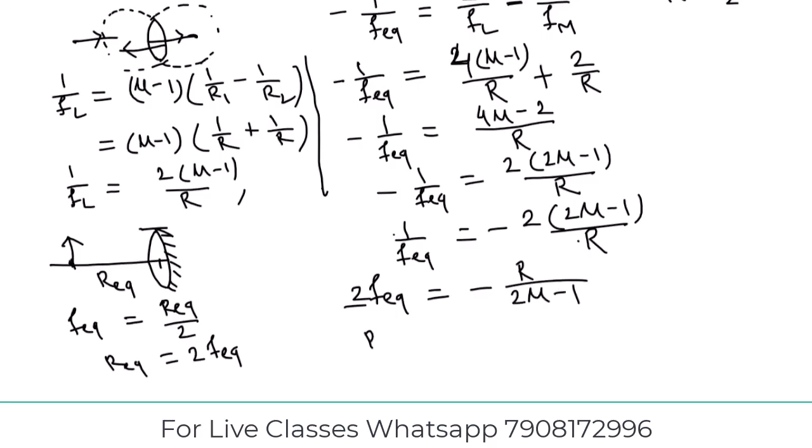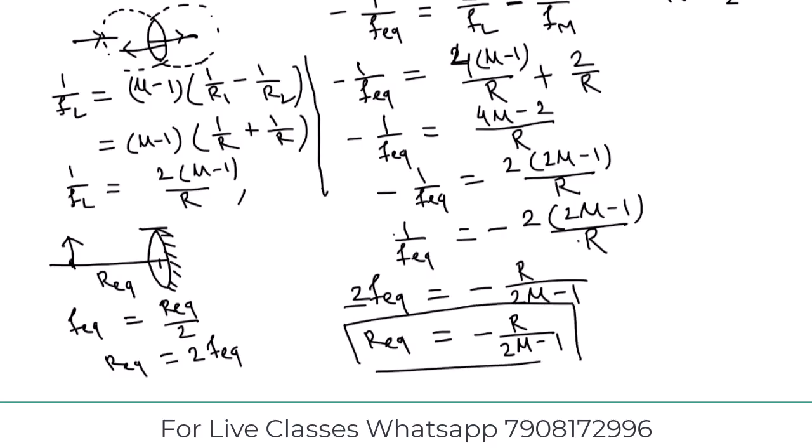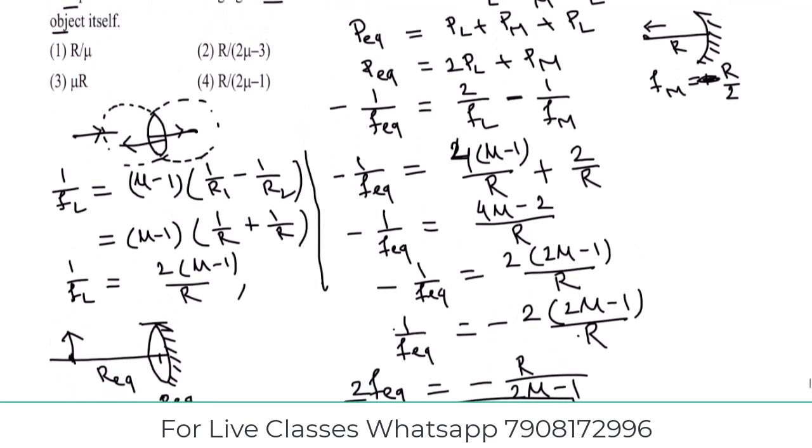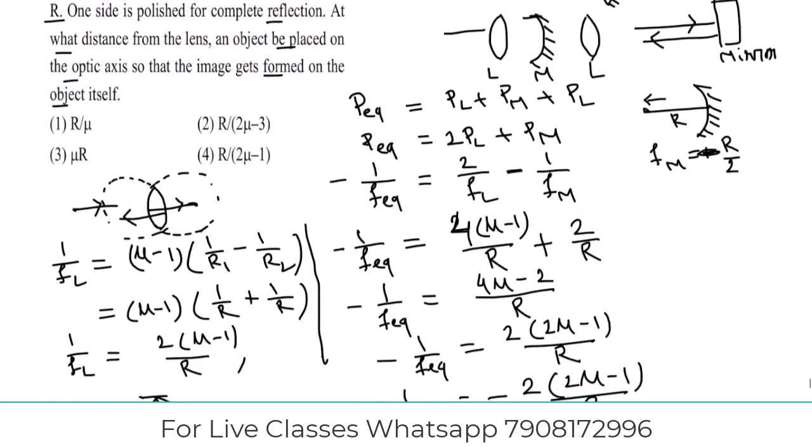So the distance is r divided by (2 mu minus 1); here the negative sign just indicates direction. In the question, they only ask for the distance, at what distance from the lens, so the sign is not needed. So option 4 is the correct answer, r divided by (2 mu minus 1).